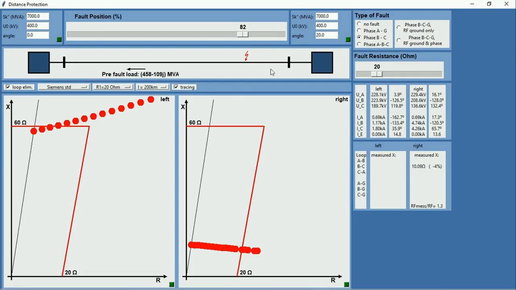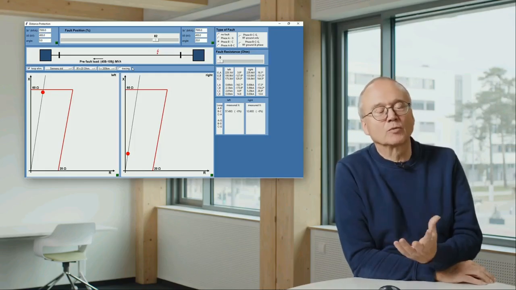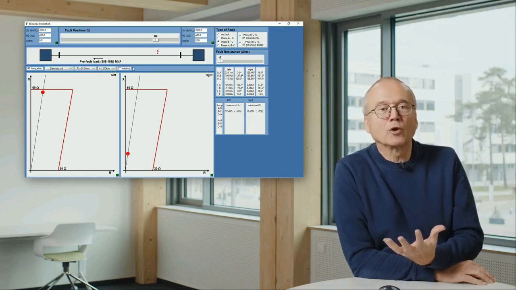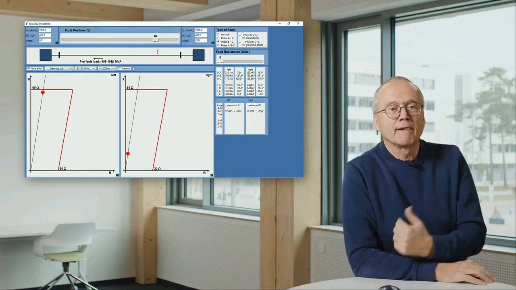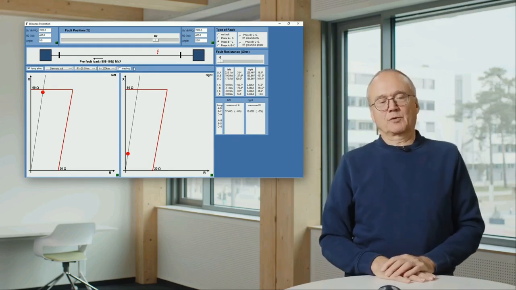It depends on the direction of the load flow, and of course it also depends on the amount of load flow we have there. And that is of course a thing we would not like, because in this case we had a fault at 82%, and with a few ohms we already move out of the characteristic.